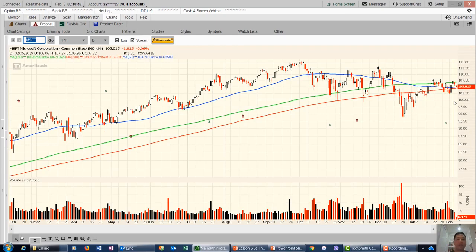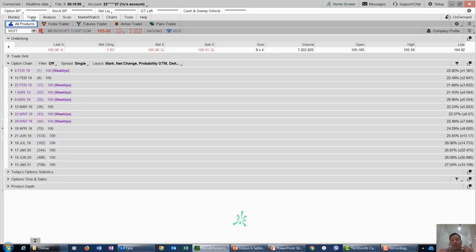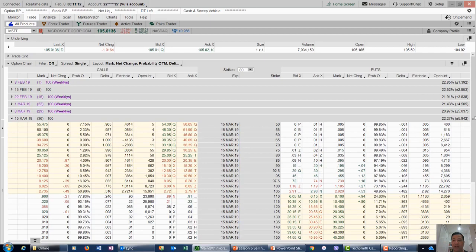So let's do that trade together here. The general rule when you sell a cash secured put is to choose a DTE, days to expiration, of around 35 to 40, 45 days. I can find a 36-day expiration right here, which I can sell the put on.